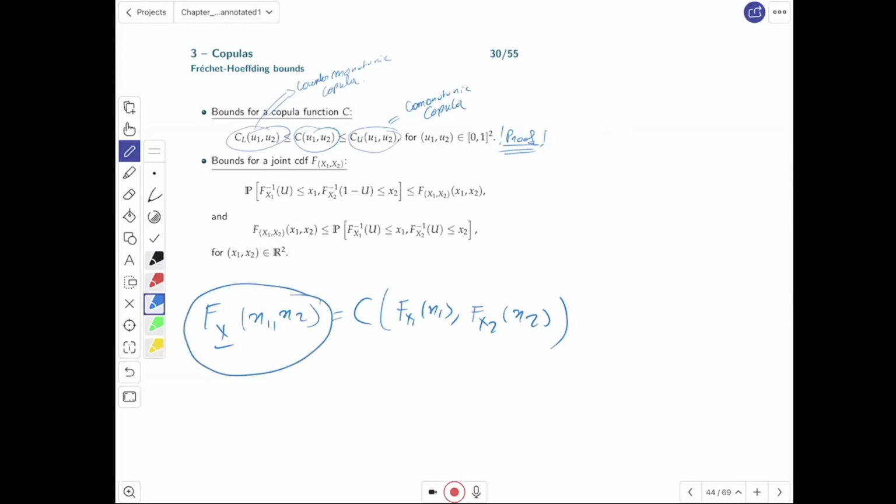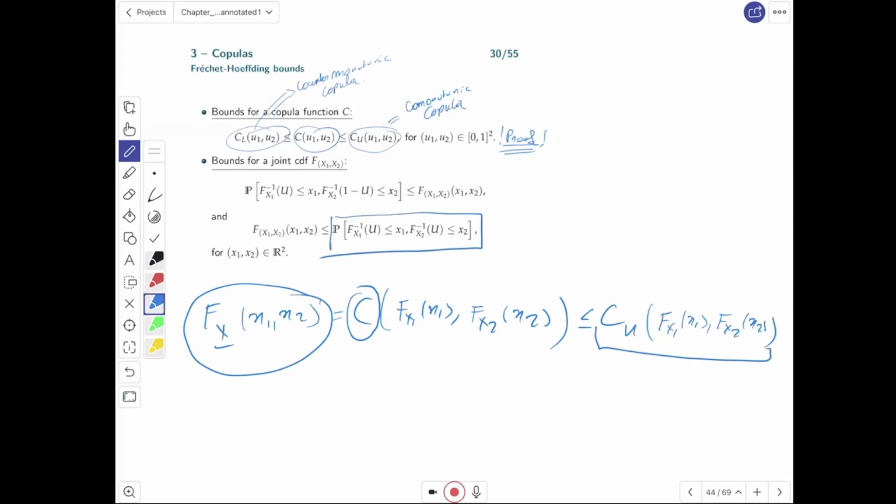This joint CDF takes its maximal value if I plug in the comonotonic copula. So this is always smaller or equal than the comonotonic copula applied on F_X1(x1), F_X2(x2). And this here was equal to this probability.